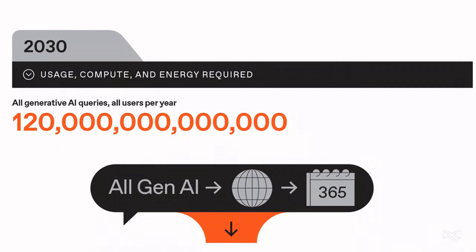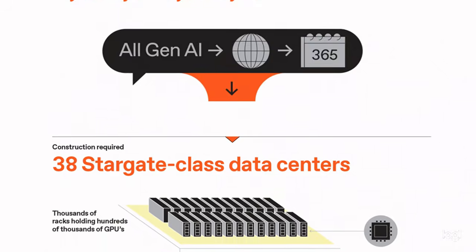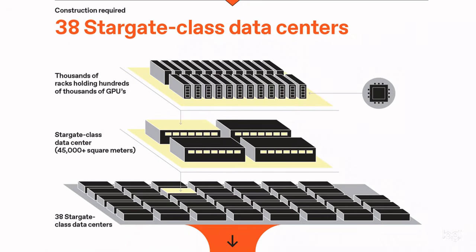Projections for 2030 state that the amount of AI queries that will come per year is this much. I won't even attempt naming what this is. I think it is 120 trillion. You can correct me. And to manage this kind of a workload, you will need 38 Stargate-class data centers, essentially thousands of racks holding hundreds of thousands of GPUs, multiple data centers and then data center clusters.